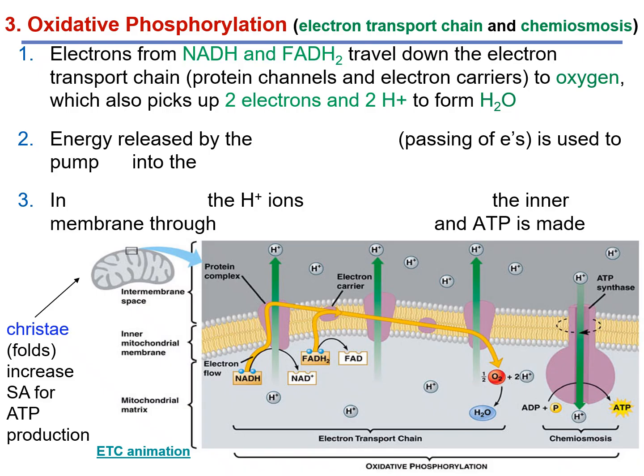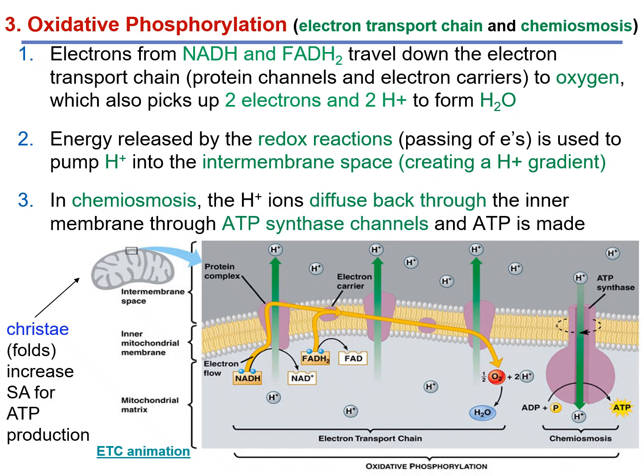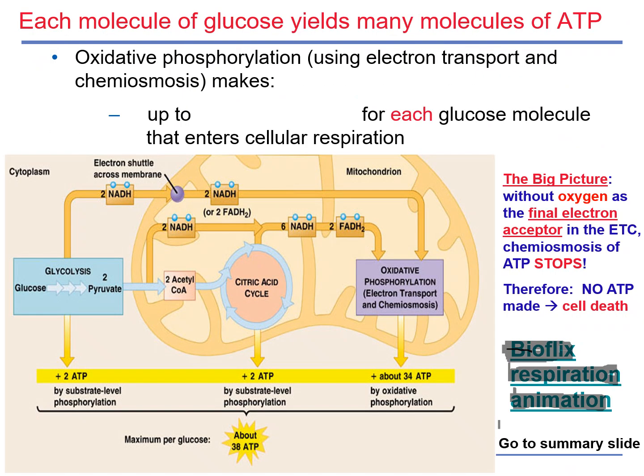Energy released by the redox reactions is used to pump hydrogen into the intermembrane space, creating a hydrogen gradient. In chemiosmosis, the hydrogen ions diffuse back through the inner membrane through ATP synthase channels, and ATP is made.